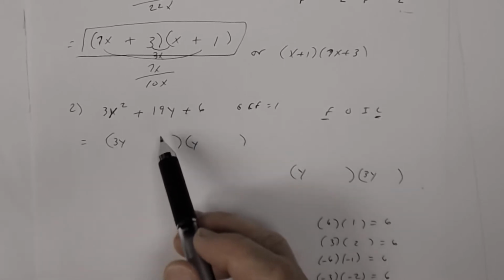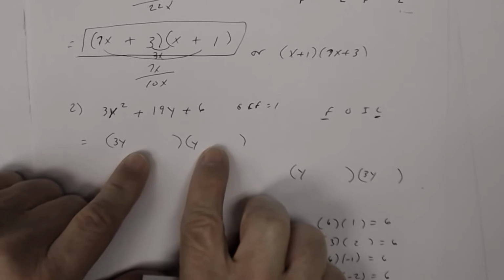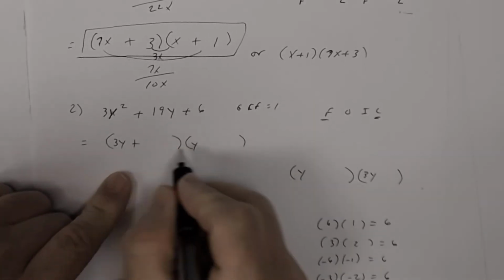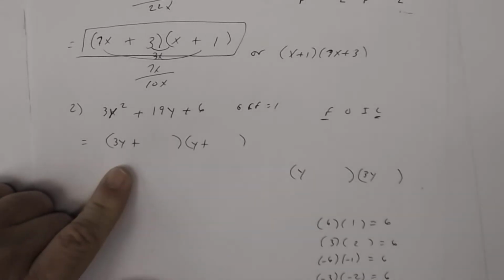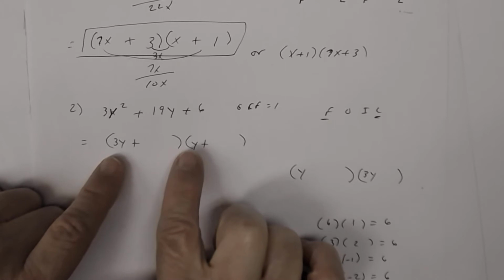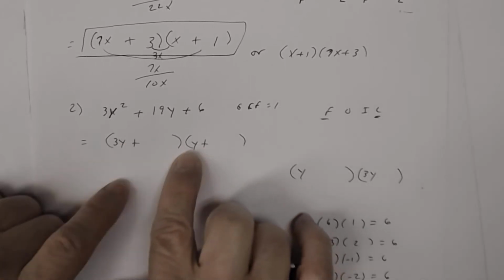Last sign positive, easy, because that means that the signs you put in here have to be the same, and they're going to be that middle sign. So that means that I'm going to have 3y plus and y plus. Okay? So I definitely know that my possibilities for 3y squared have to be this. There is no other choice, because 3 is prime. The factors of 3 are 3 and 1.